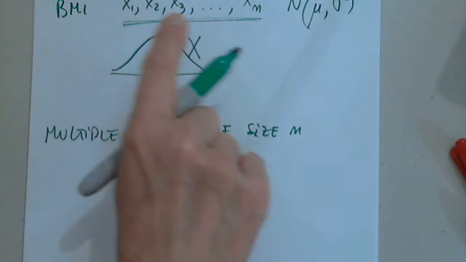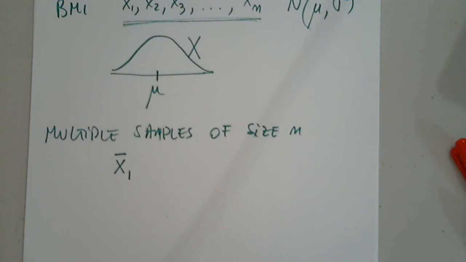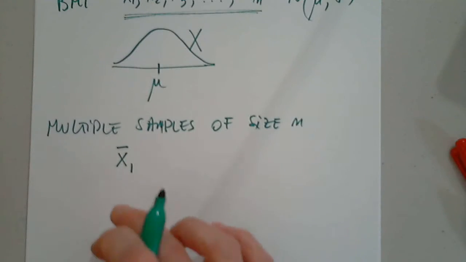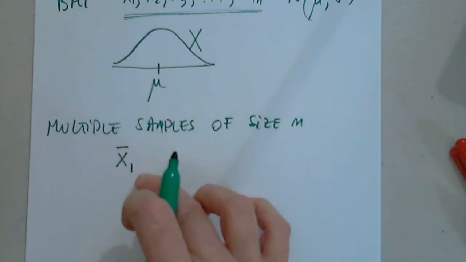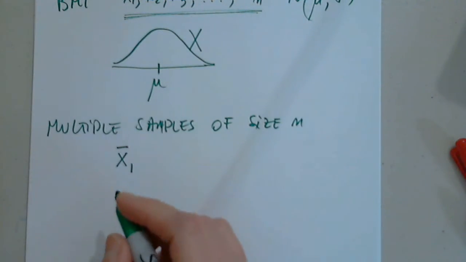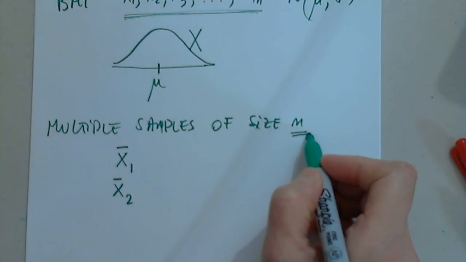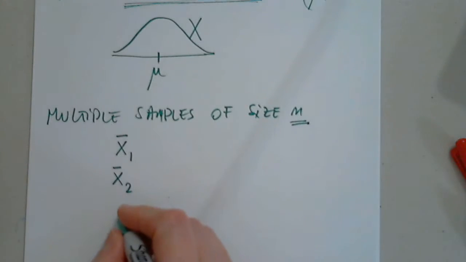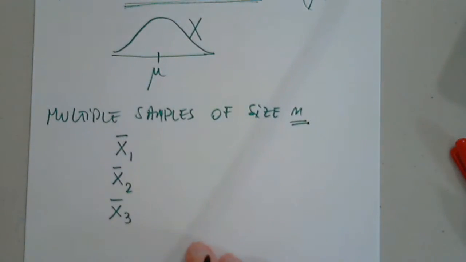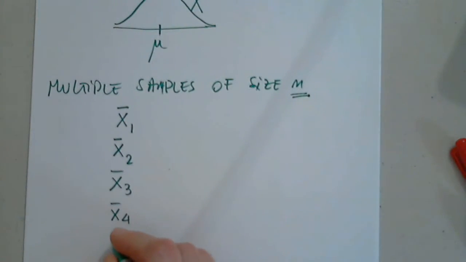For BMI, for our class it is x bar 1. For another class, I get x bar 2. They all have the same sample size. And then I go to the third class, and then the fourth class, and I continue as long as I want.